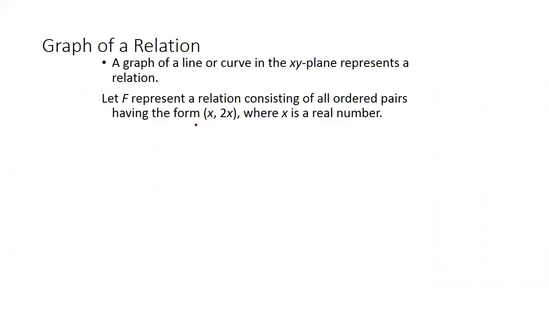In this case, let F represent a relation consisting of all ordered pairs having this form. It means if I have a number x, for y I'm going to double that. So if x equals 1, y would be 2 times 1. If x equals 2, y would be 2 times 2, and so on.